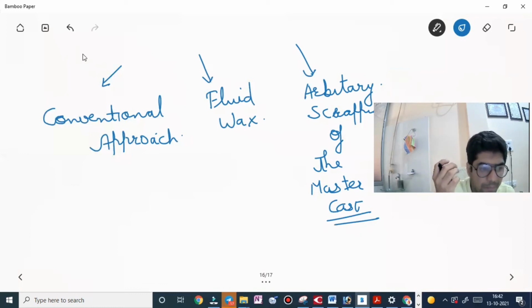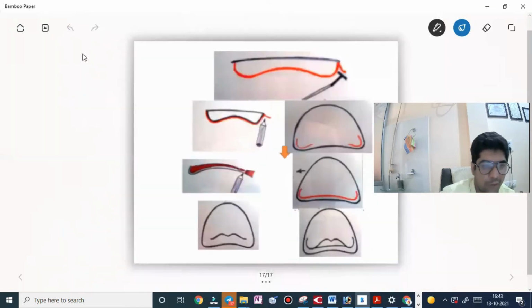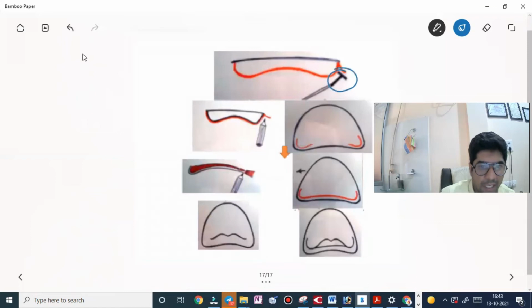The posterior palatal area is wiped with gauze, and a T burnisher is used to locate the hamular notch by palpating posteriorly to the maxillary tuberosity on both sides.